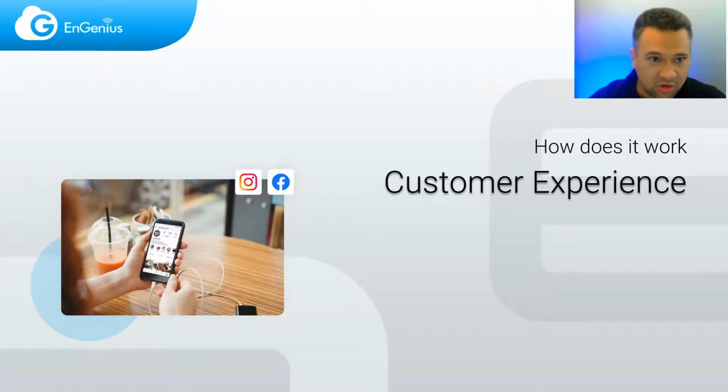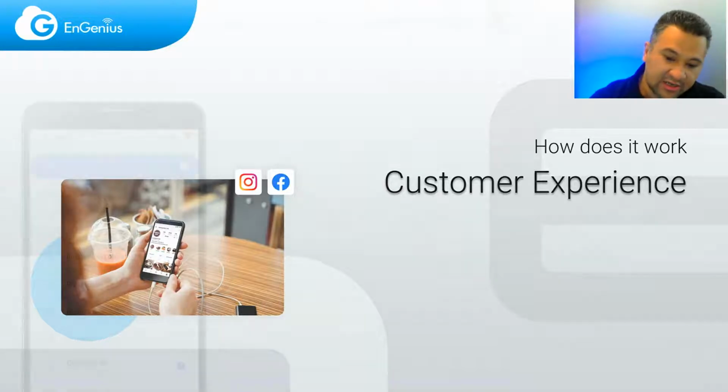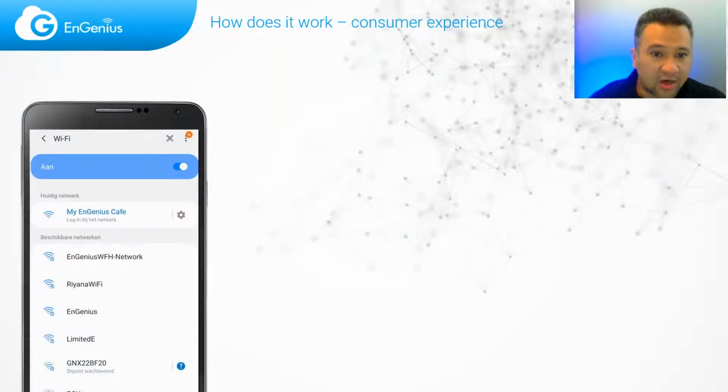For the people who do not know what Facebook Wi-Fi is, the thing is like this. If you are in a place, for example a cafe, customers can easily connect to the internet using the cafe Wi-Fi if they provide it for you.